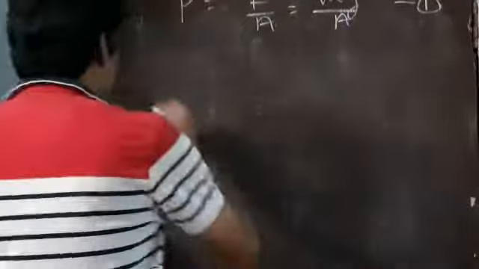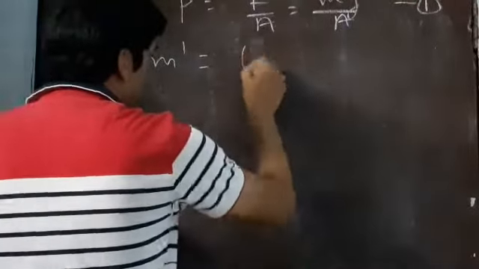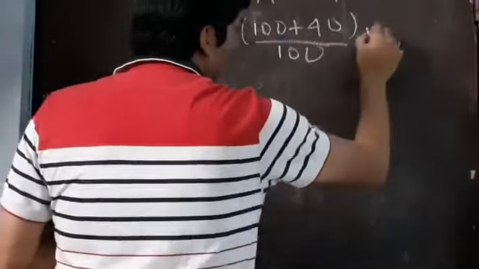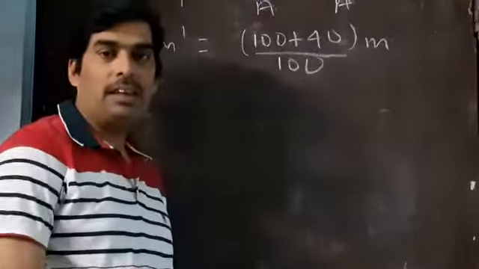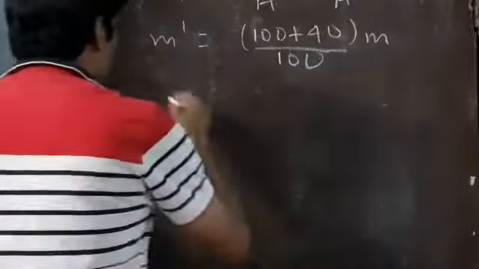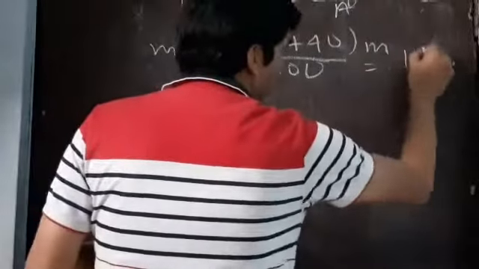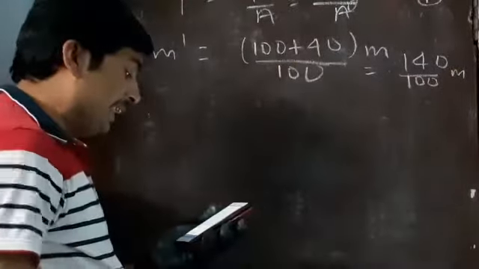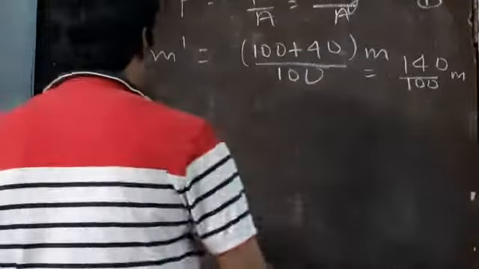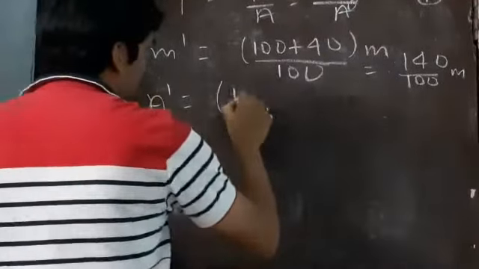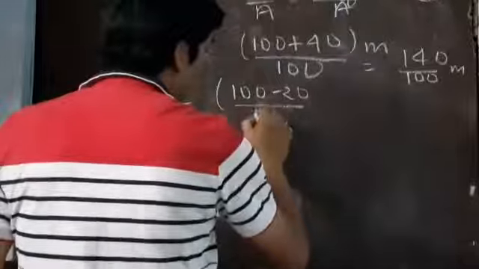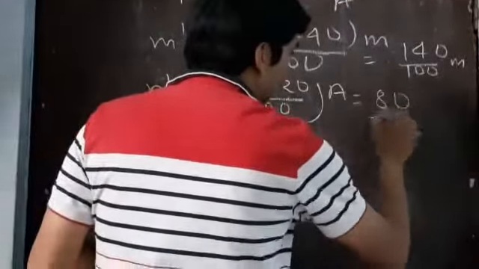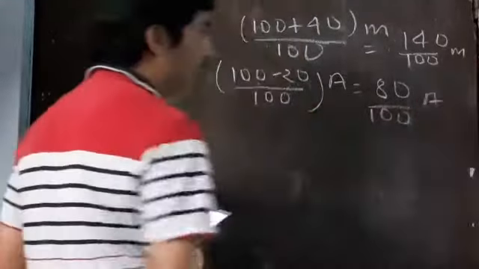So the new mass m dash will be 100 plus 40 by 100 into m, as you know from mathematics in class 6 or 7. So it will be 140 by 100 m. Area is decreased by 20%, so the new area A dash is 100 minus 20 by 100 into A, that equals 80 by 100 into A.